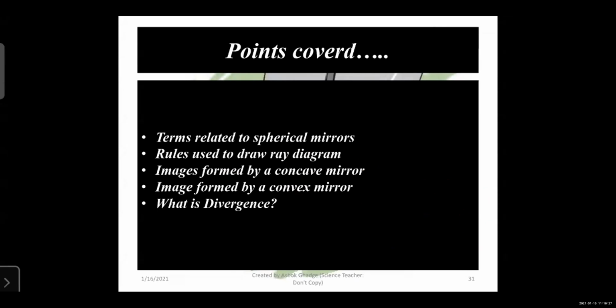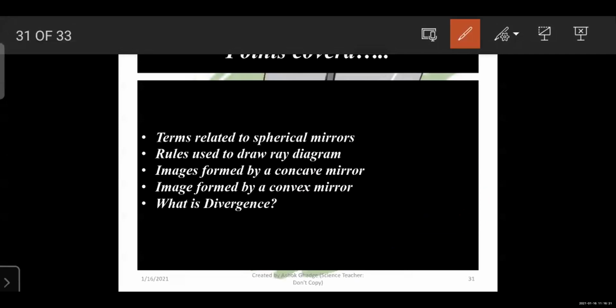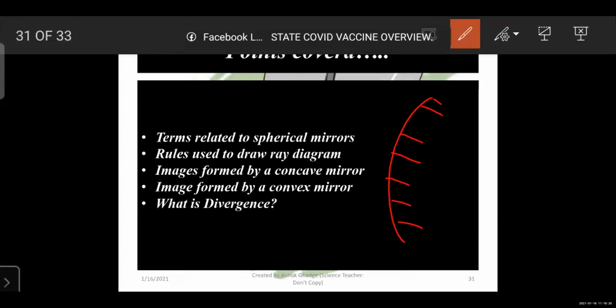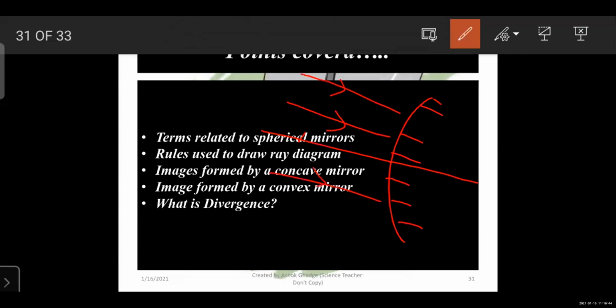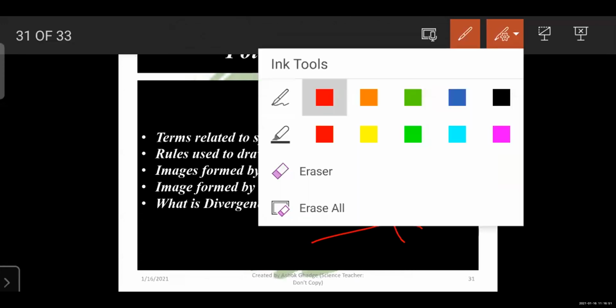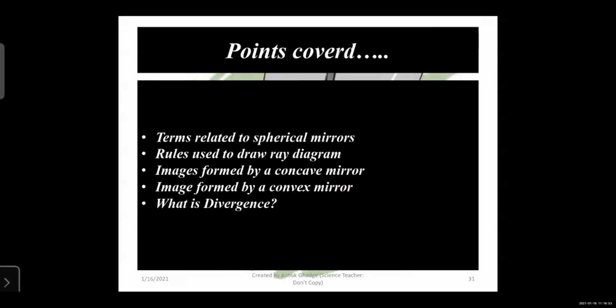What is divergence? Divergence is shown by convex mirror. Incident rays which fall on the mirror get diverged from each other, and that phenomenon is called divergence. Then we have seen convergence.